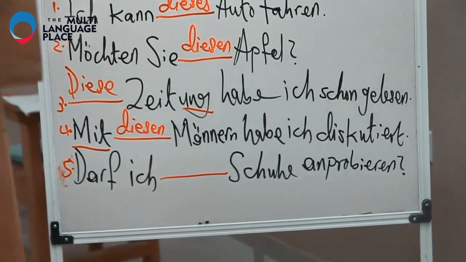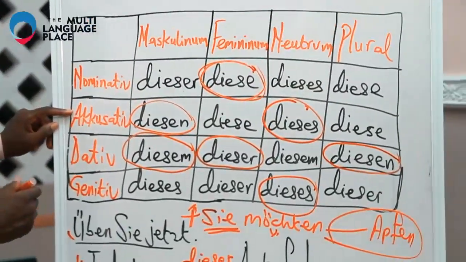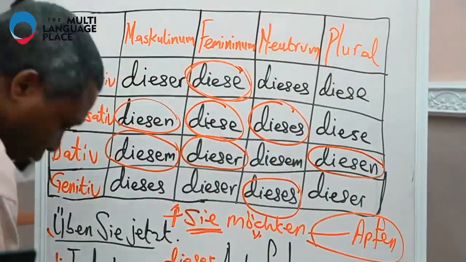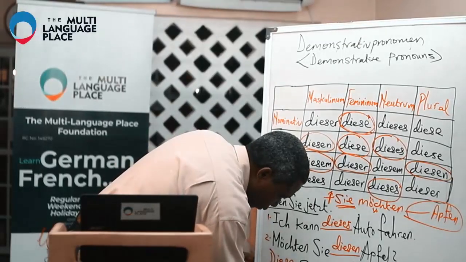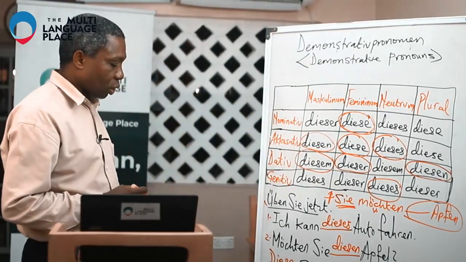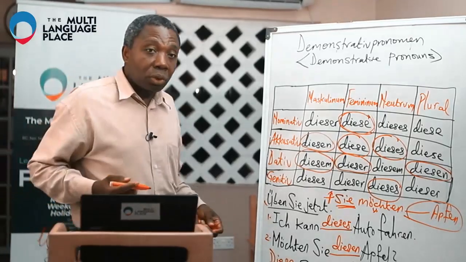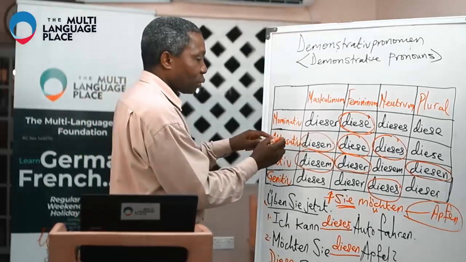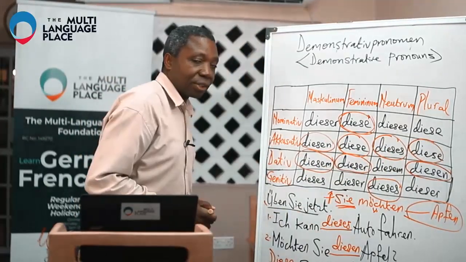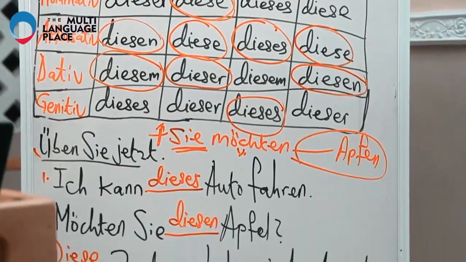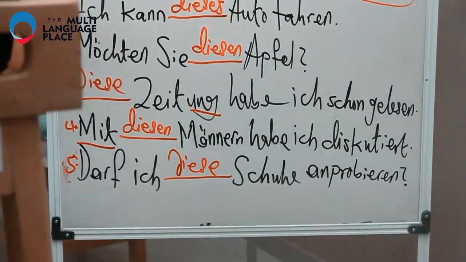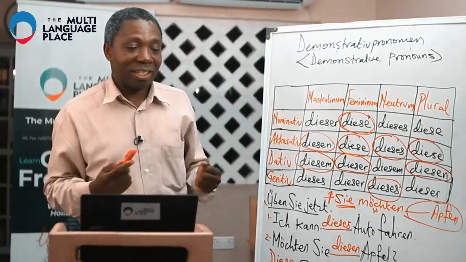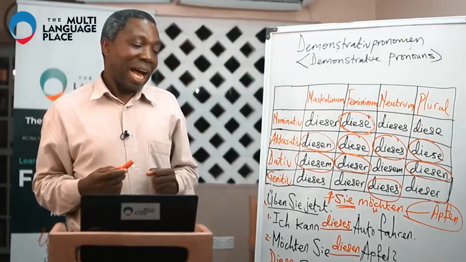So we have accusative, feminine, diese. Darf ich diese Schuhe anprobieren? And if you want to think the other way too, you say, okay, shoes, plural. You still have the same thing. We have accusative, and then plural will still be diese. Yeah? Okay, so darf ich diese Schuhe anprobieren? Am I allowed to try these shoes that I've seen, beautiful? I brought them from the show glass. Am I allowed to try them on?